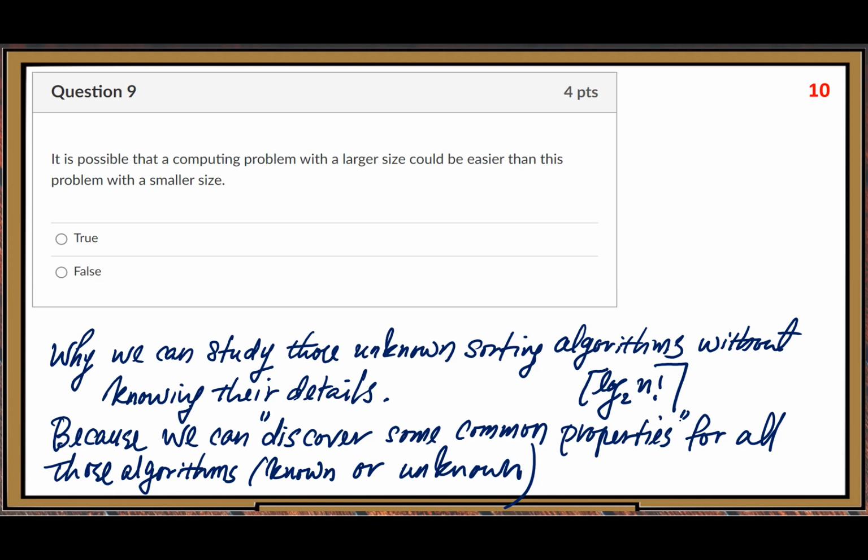If you're familiar with the notes, in the notes I explain this with one example, the prime factorization question.